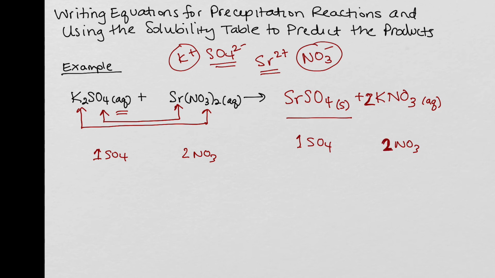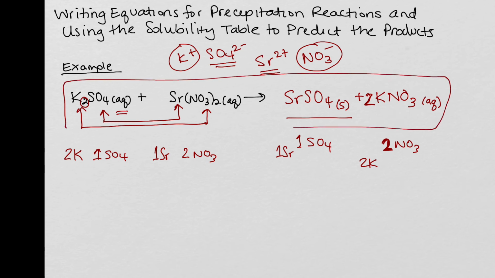So now I've got two potassium on the right-hand side of the equation. If I look at the left-hand side, I actually already have two potassium because I had a subscript of 2 right there. So 2 potassium. And strontium, I have one strontium on the right-hand side of the equation and one strontium on the left-hand side of the equation. So that's balanced. So this is my balanced chemical equation, and the product that I formed was solid strontium sulfate.